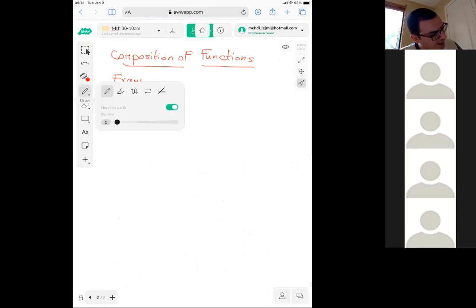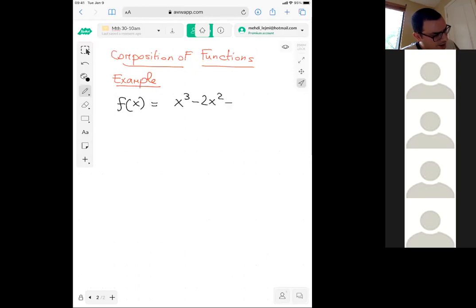Perfect. So here's an example. Let me first explain what I mean by composition of functions. Let's take f of x equals x cubed minus 2x squared plus 3x minus 4. I'm going to play a little bit with this function f. Instead of x, let's say we have x squared, so I'm going to compute f of x squared.